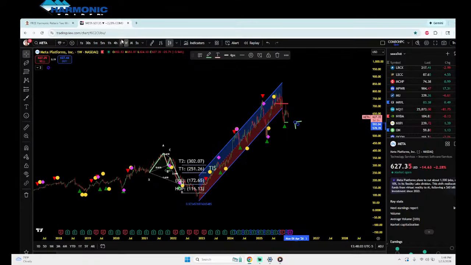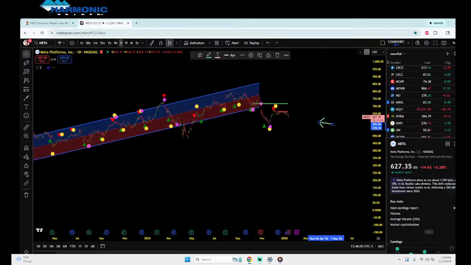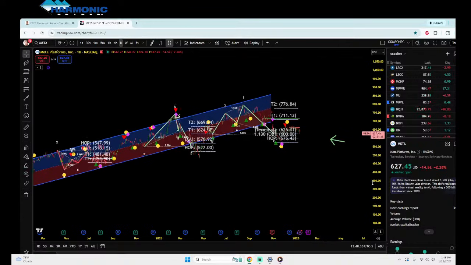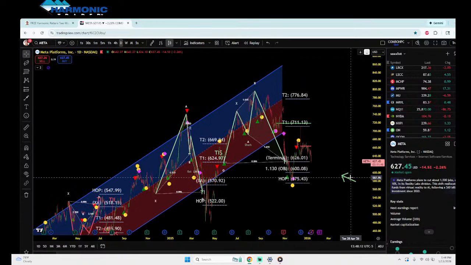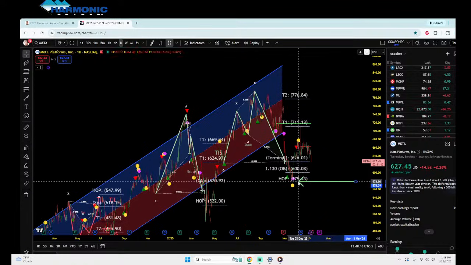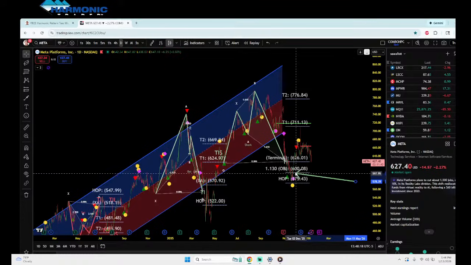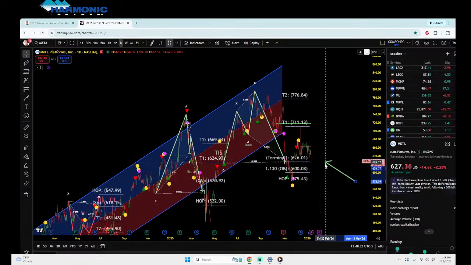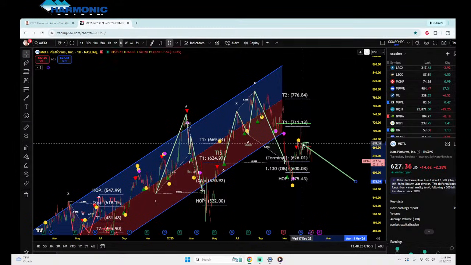The cool thing about Meta though is we have patterns here, and I'm looking at this shark pattern. Okay, what happened on the first one? Big reaction. Dot to dot got you from 575 up to 675, but we rolled back down. That's okay. I mean, it's just taking more time.